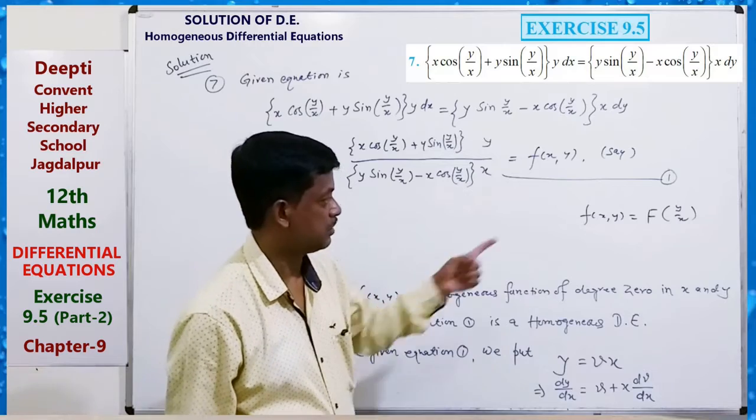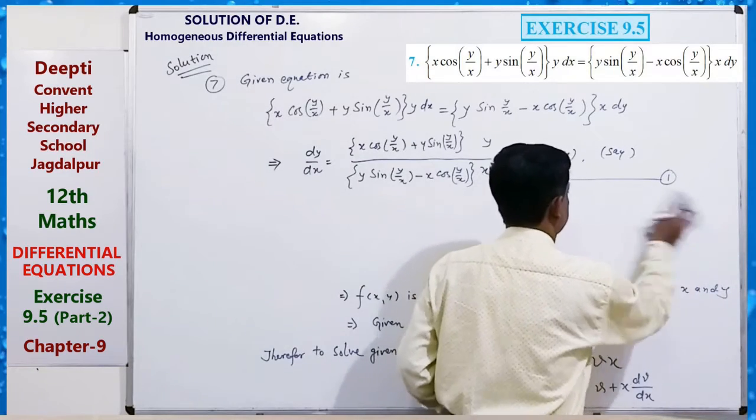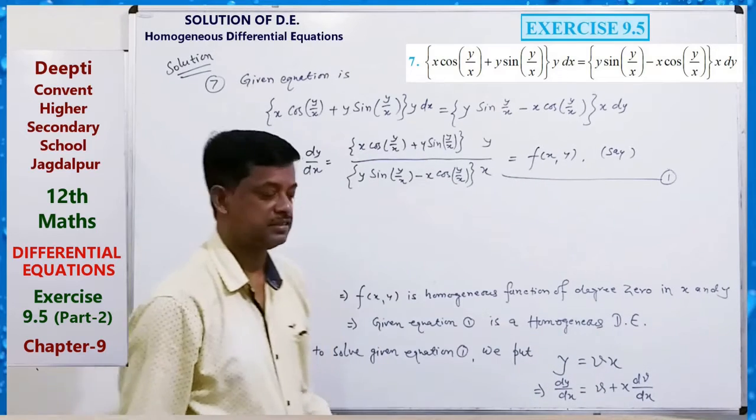That is, f(x, y) is a homogeneous function of degree 0.